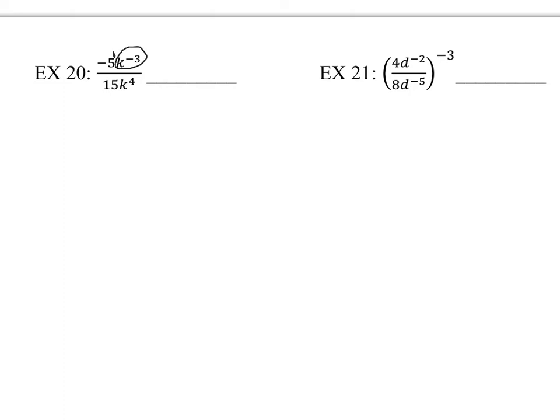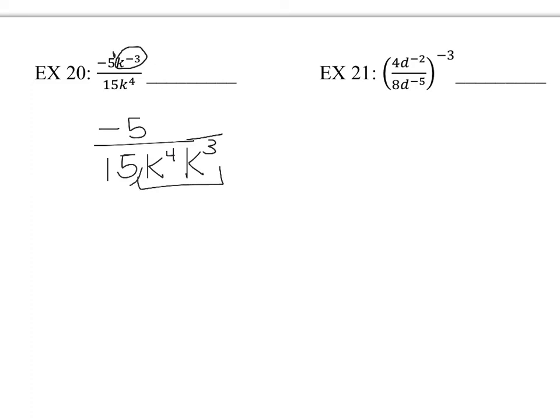So I'm going to move the k to the negative third downstairs. And so what I'm going to have is negative 5 over 15, and then the k to the fourth and the k to the third now can be combined. Notice when I move it downstairs, we combine things with the same base by adding the exponents. So that's going to give me k to the seventh.